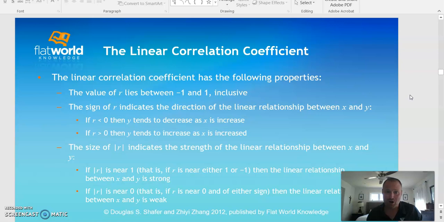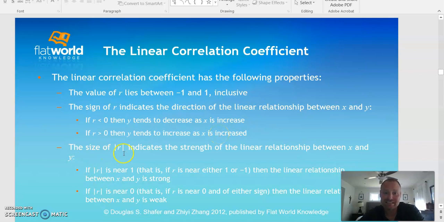If r is less than 0, meaning it's negative, then y tends to decrease as x increases. This represents a negative slope. If r is greater than 0, which means r is positive, that's going to represent a positive slope. So y tends to increase as x increases, right? That's all that positive and negative slope is. This is the explanation of a negative slope. This is the explanation of a positive slope.